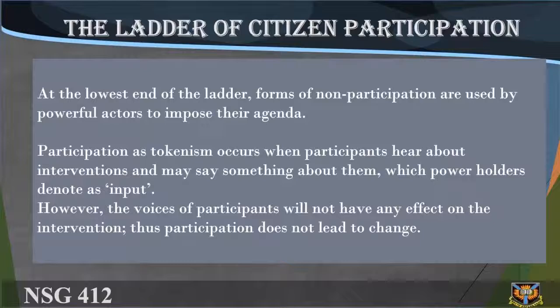Participation as tokenism occurs when participants hear about interventions and may say something about them, which power holders denote as input. However, the voices of participants will not have any effect on the intervention. Thus, participation does not lead to change.